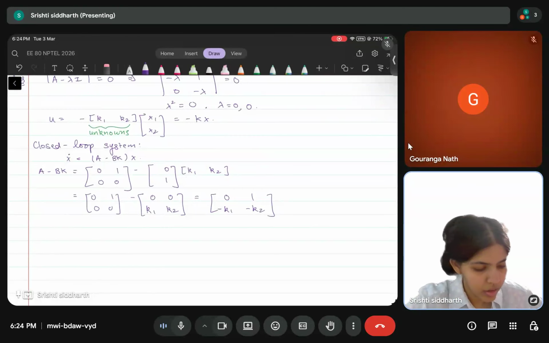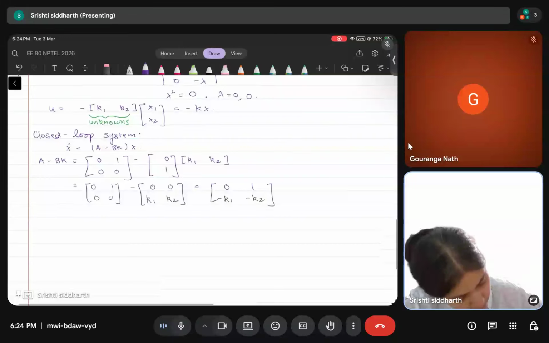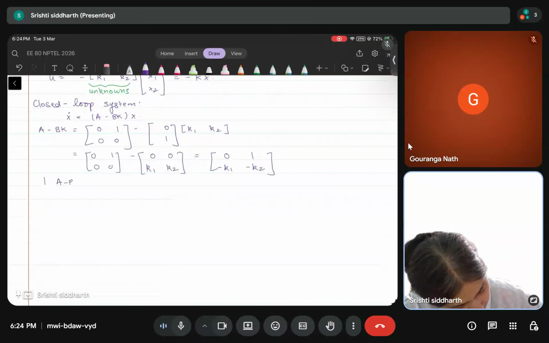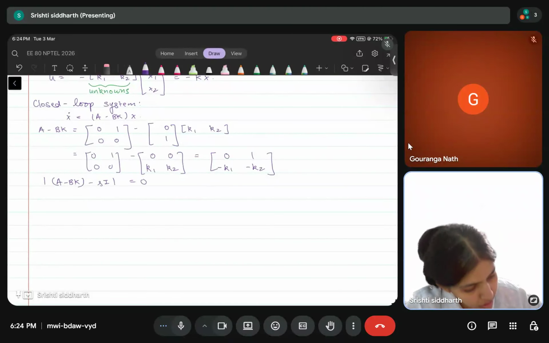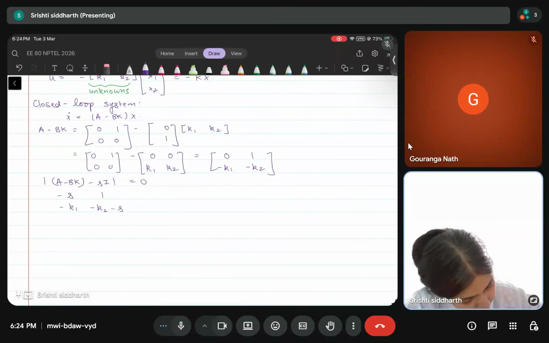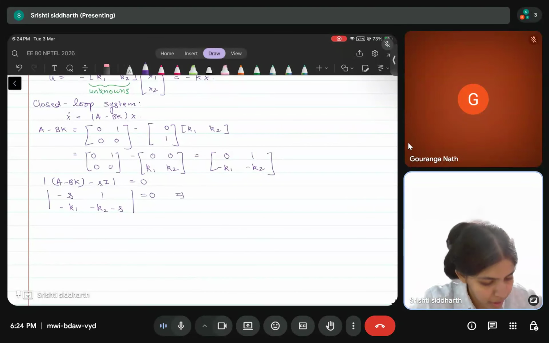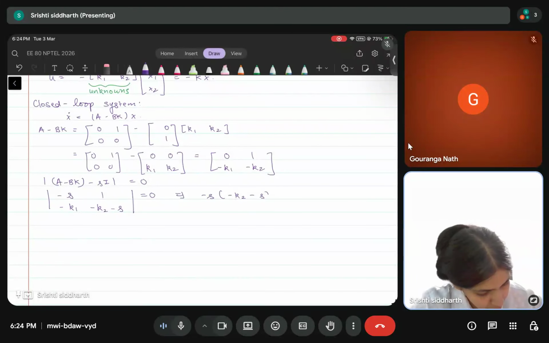And what's the characteristic equation of the closed loop system? This is determinant of A minus BK minus SI equals 0. So let's complete this. It's going to be minus S, minus K2 minus S. So this implies that we have minus S times minus K2 minus S plus K1 equals 0.